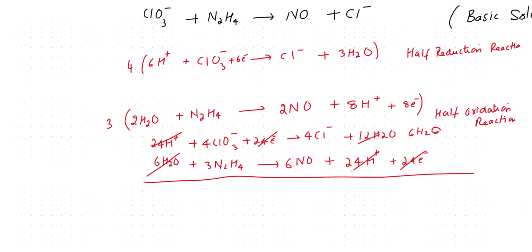So 4 ClO3 negative plus 3 N2H4. And on the product side we have 4 Cl negative plus 6 NO plus 6 water molecules.